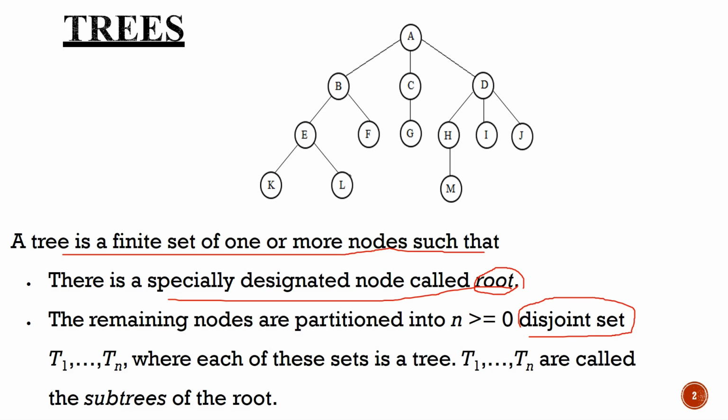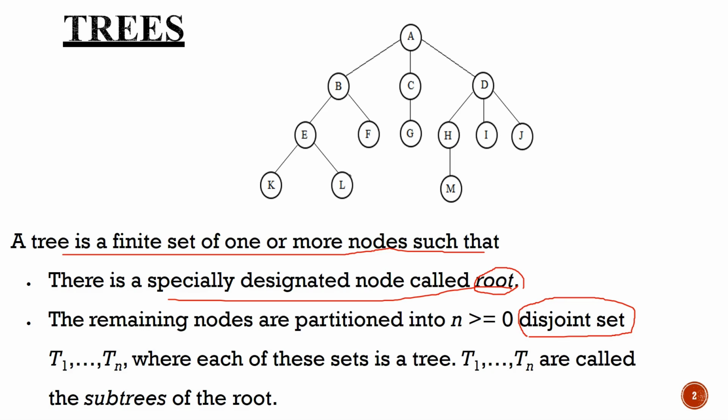So it may be 1, it may be 2, or it can be more. They are numbered as T1, T2, T3 up to Tn, wherein each of these sets is a tree itself again. And the trees T1 to Tn are called the subtrees of the root. Let us take this one.